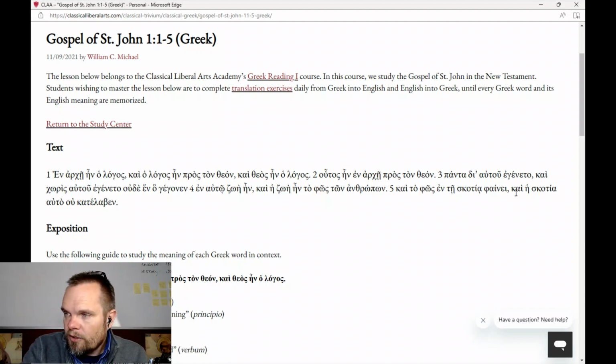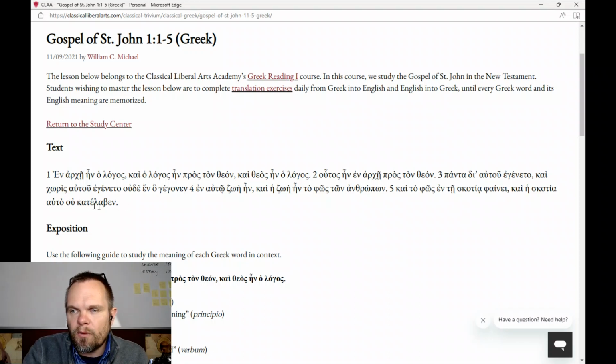We then have the conjunction kai again, and the article he, and the noun skotia, which we've already seen. Here we have the diphthong alpha upsilon, which is pronounced au. There's no aspiration. Auto. We then have the adverb, which is a diphthong u. That's something to remember: the omicron upsilon diphthong is pronounced u.